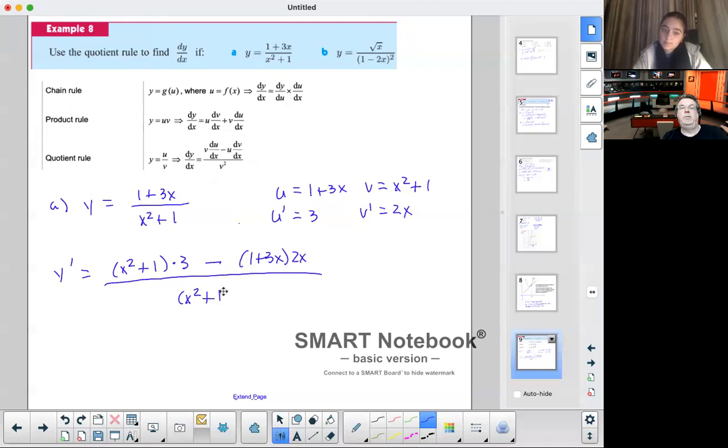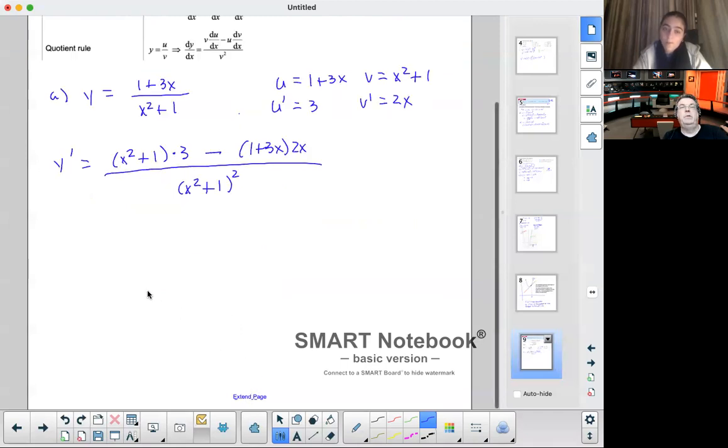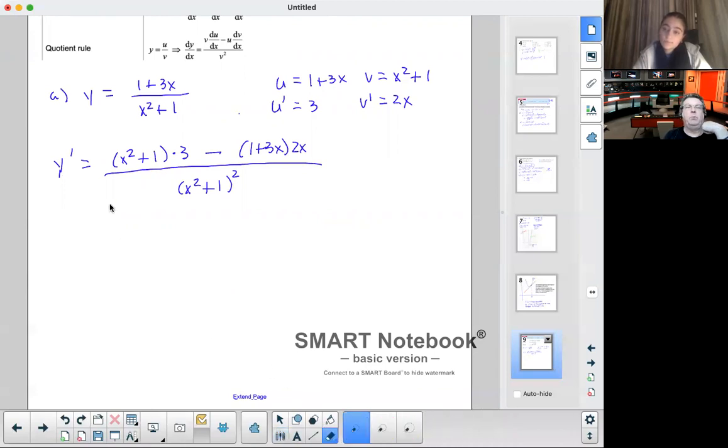Don't ever expand that unless you absolutely have to. There's no reason to expand that. There is reason to simplify this. Sometimes IB will say show that it's the simplified part. Sometimes they won't even tell you to take the derivative, you're just going to have to use the quotient rule.